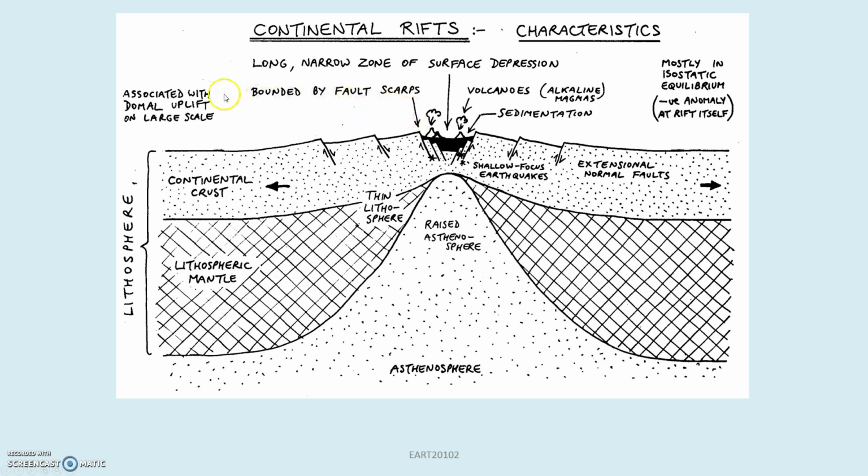Okay, and so if you looked at the gravity above here, you would see that there would be a gravity low above the rift valley due to this lower density material below the rift valley. And the raising of the asthenosphere is thinning the lithosphere, and the stretching that is associated with it is further stretching the continental crust part of the lithosphere.